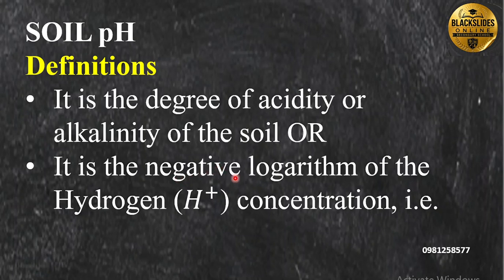So the negative logarithm of the concentration of hydrogen ions is called pH. So given the concentration of hydrogen ions in the soil or in any other solution, the negative logarithm of that concentration is going to give you pH.